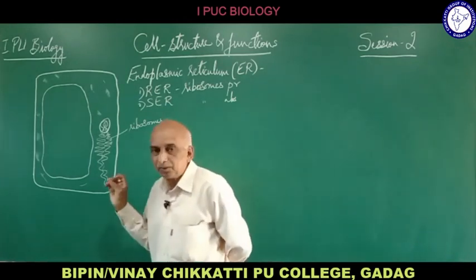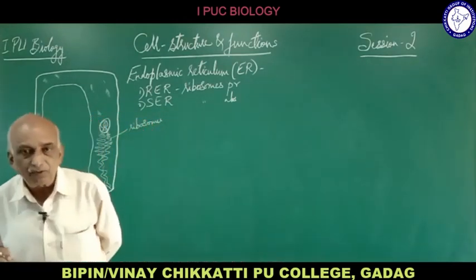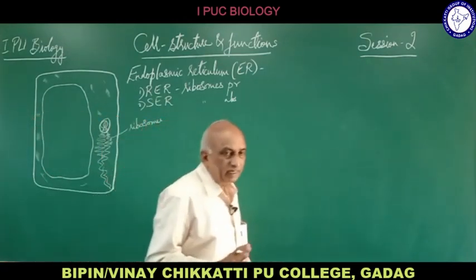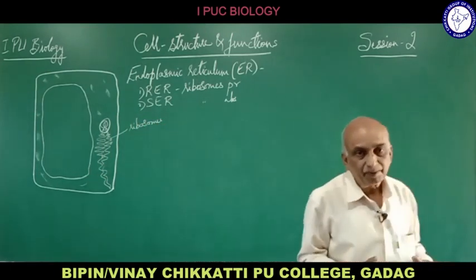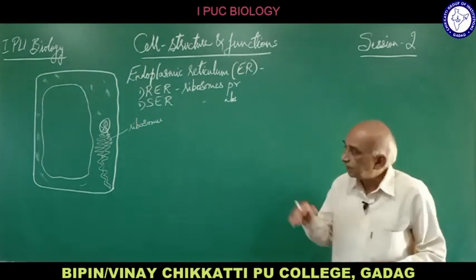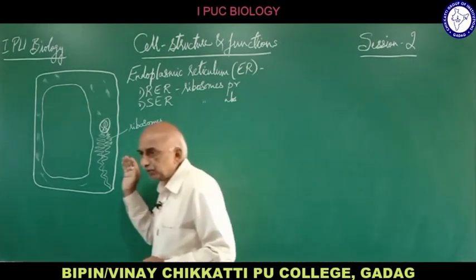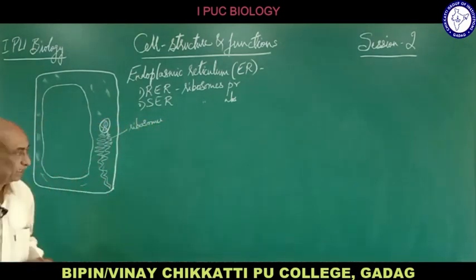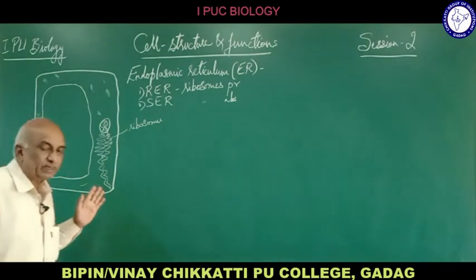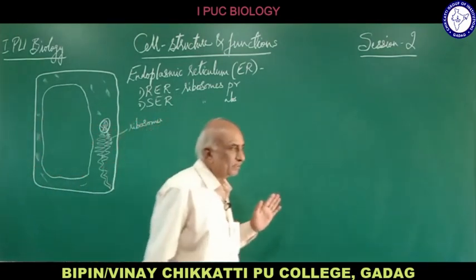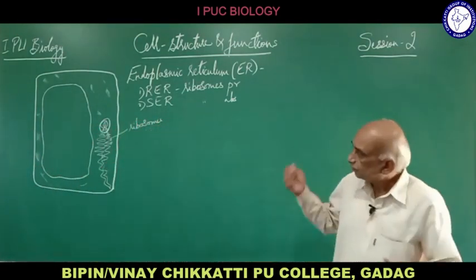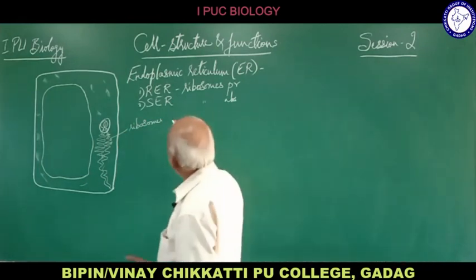From the nucleus to the cell membrane, it is scattered in any direction. As already mentioned, the endoplasmic reticulum divides the cytoplasm into small compartments, and in each compartment a specific type of biochemical reaction takes place. So that is about endoplasmic reticulum.